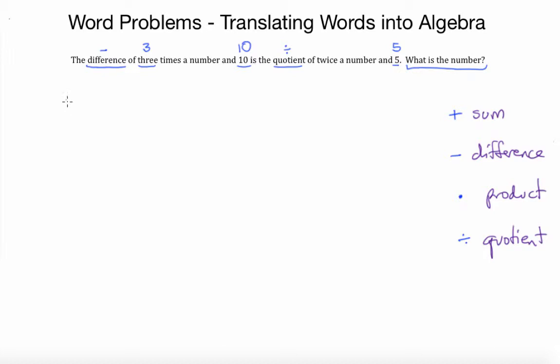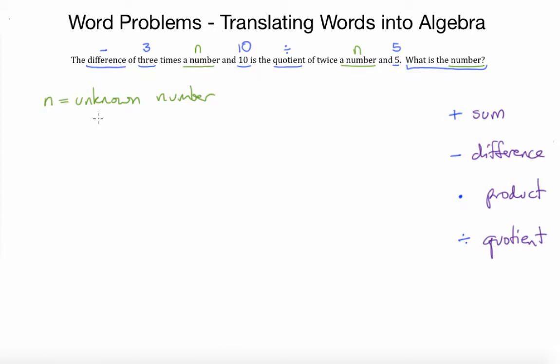We also have things that we're trying to find, right? Any good algebra problem, there's something unknown I'm trying to solve. We're trying to solve for what is that number? Well, let's let our variable n equal the unknown number. So anytime in here where I see a number or unknown number, I'm going to rewrite that as my variable n. All right, there's still some other things I want to look for.